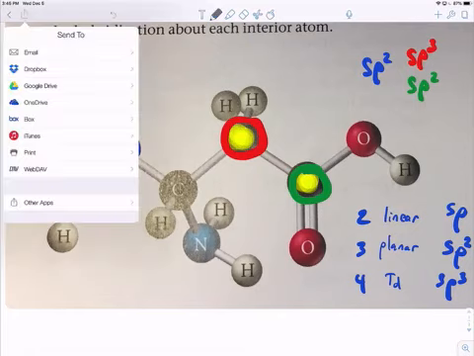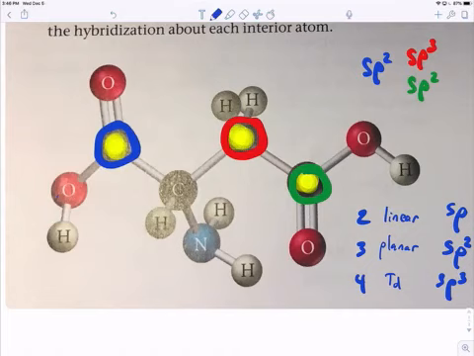And it doesn't matter which group it is. Like nitrogen over here has 4 groups: hydrogen, hydrogen, carbon, and one there. But it's going to just be carbons.